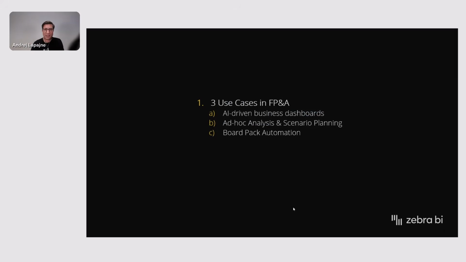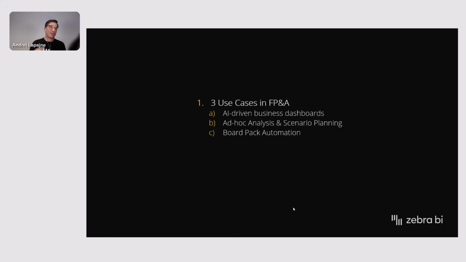We'll dive into those 3 use cases. So first, AI-driven business dashboards, how you can create dashboards from raw data, basically, in one go with AI. And then in the second step, ad hoc analysis, scenario planning, variance analysis. What can you do today, what works reliably, and what is tricky, and what does not work.